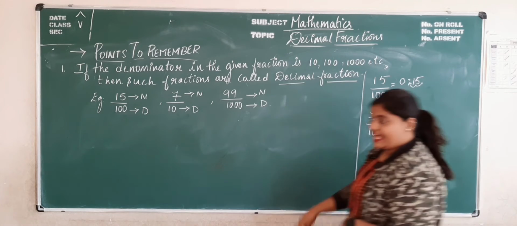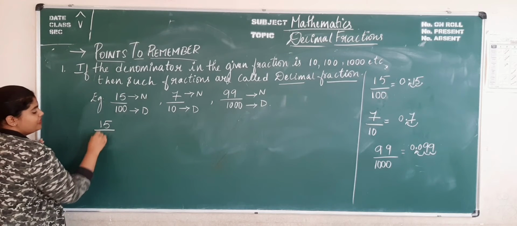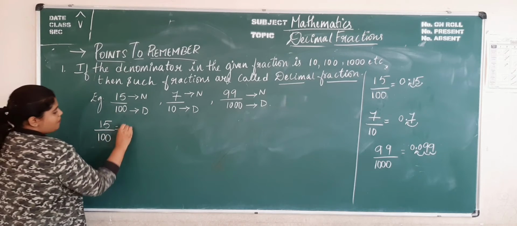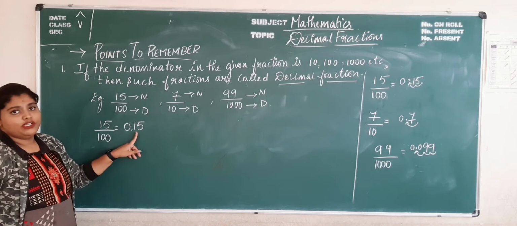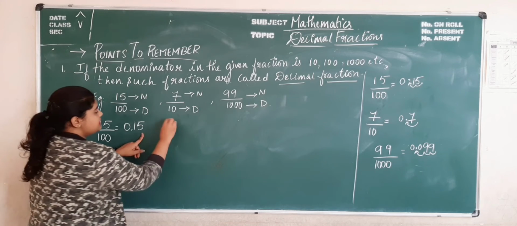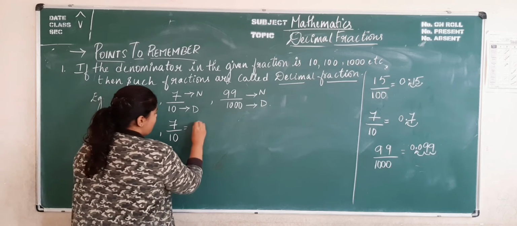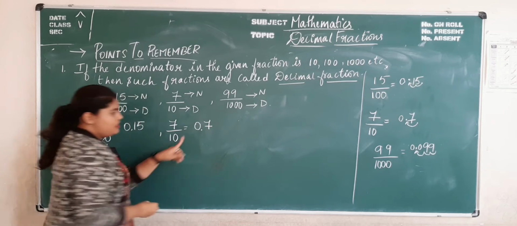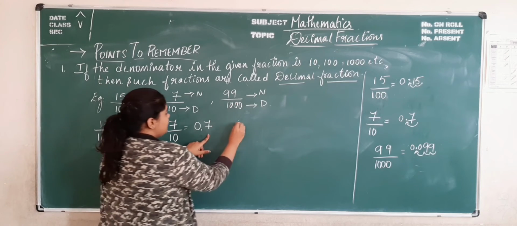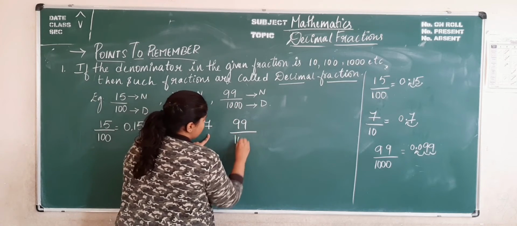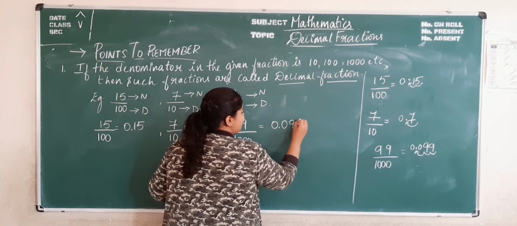So 15 by 100 is nothing but 0.15. This is read as 0.15. And this 7 by 10 can be written as 0.7. Next, 99 by 1000. So how much did I get? 0.099.